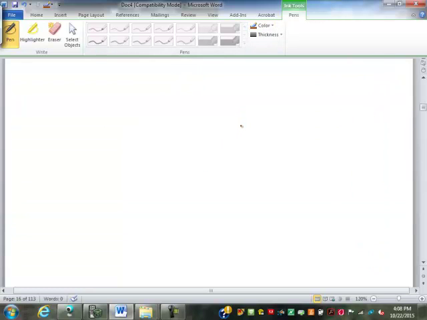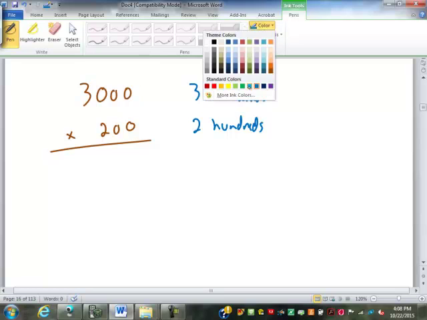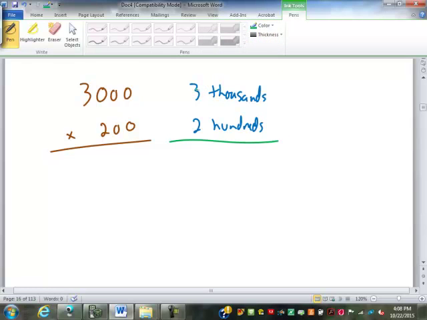Okay, something else I want to point out with these, and we're going to go back into a little bit of review of things like this. 3,000 times 200. There's a couple of ways we could think of this. This is 3 thousands times 2 hundreds. Combining the counts, 3 times 2 is 6.